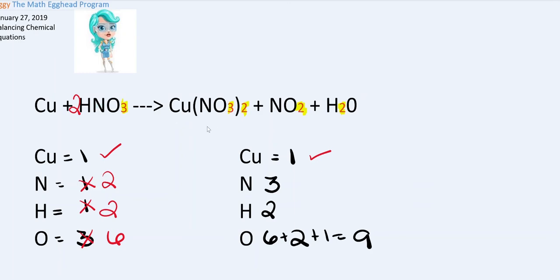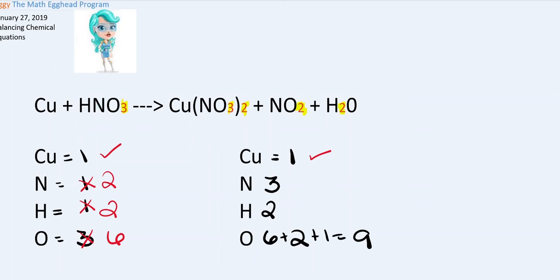Remember, you want to deal either with the numbers that are smaller or the numbers that are even. In this case, I wanted to deal with the numbers that were smaller. And I see that the coefficient here on the product side is 2. And I don't want a 1.5. If I divide anything, it's going to be 2 plus the 1.5 coefficient, which gives me 3.5. I don't want that. So in order to simplify things, let me just double it.